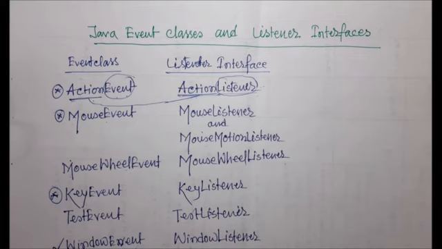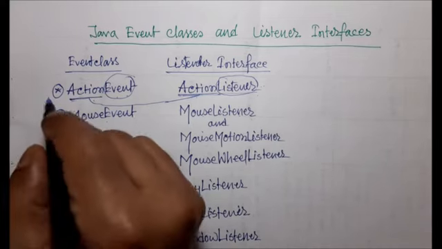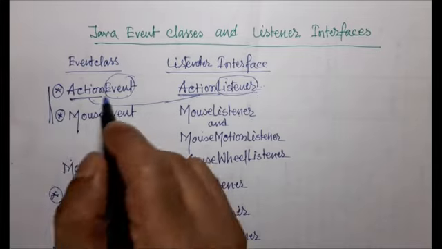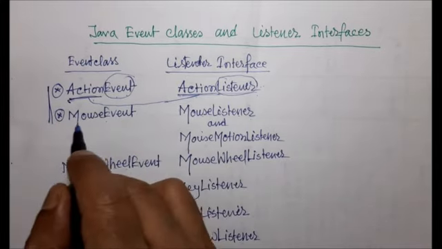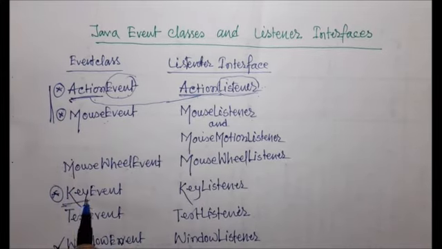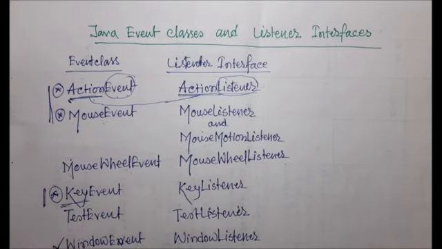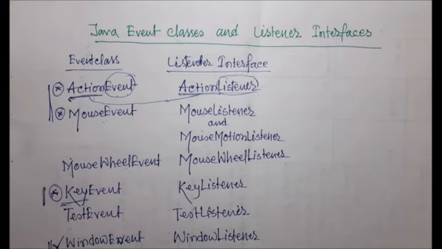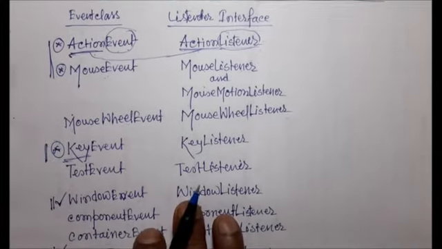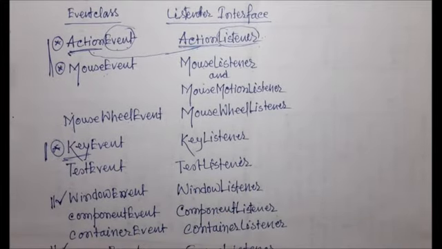In this way you can use all those listeners. Most of the time we use action event, mouse event, key event, which are very popular, and also window event and focus event. So these event classes and the corresponding listener classes are very important.